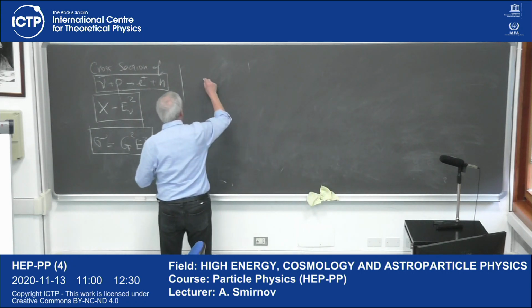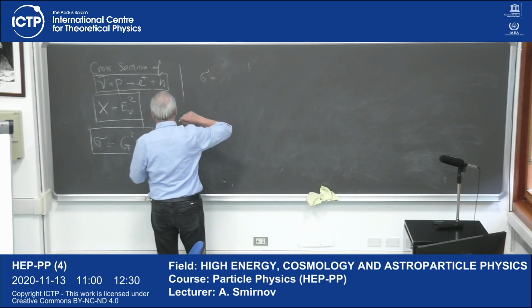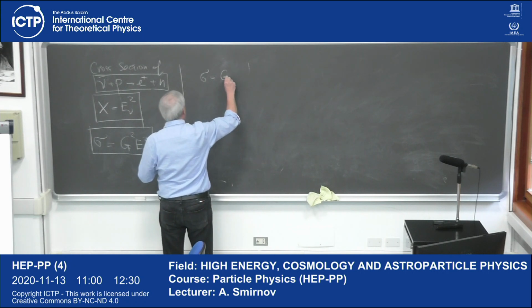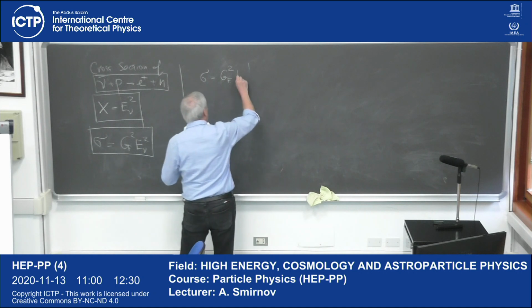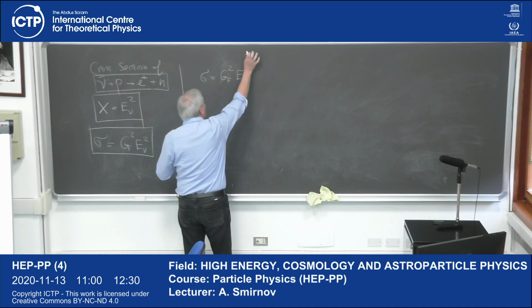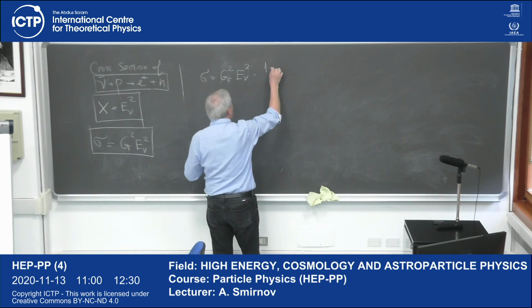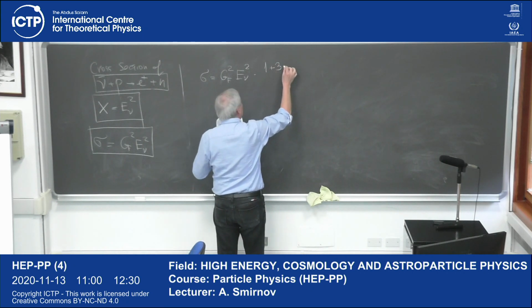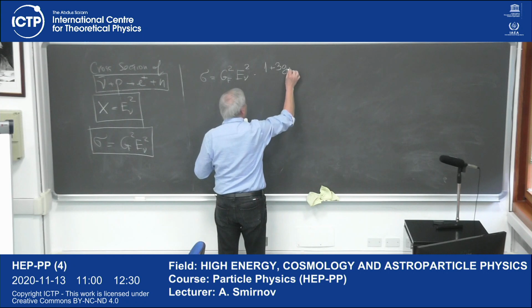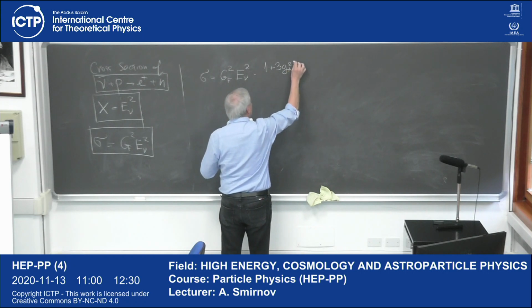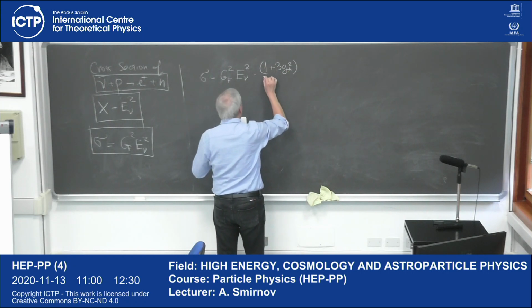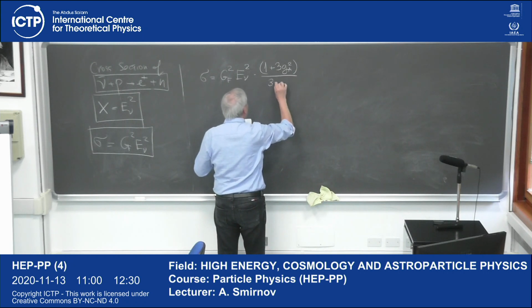The exact formula is sigma equals GF squared E nu squared, multiplied by 1 plus 3GA squared, over 3 pi.